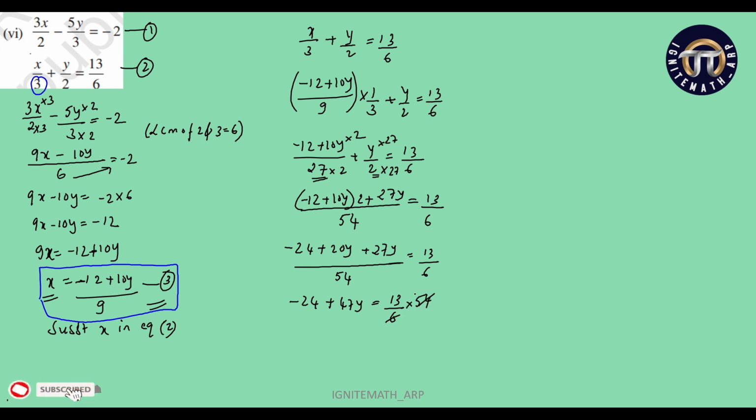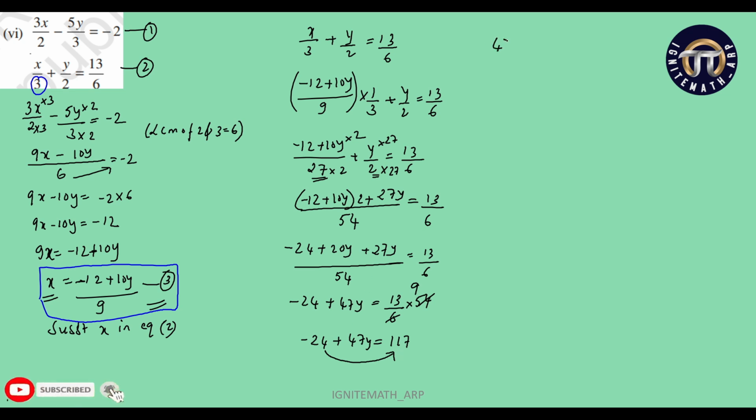So 6 ones are 6, 9s are 54. Okay, I'll get it as minus 24 plus 47y is equal to 13 9s are 117. Clear, children? So now I am supposed to find out the value of y. So I will take this 24 to the other side.